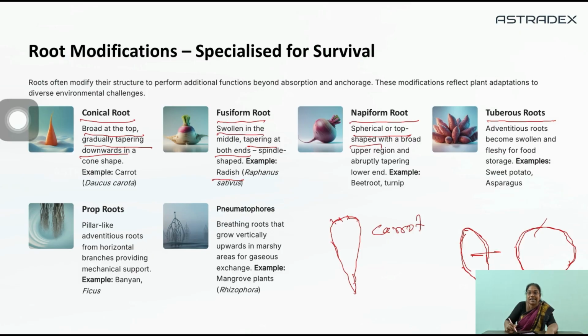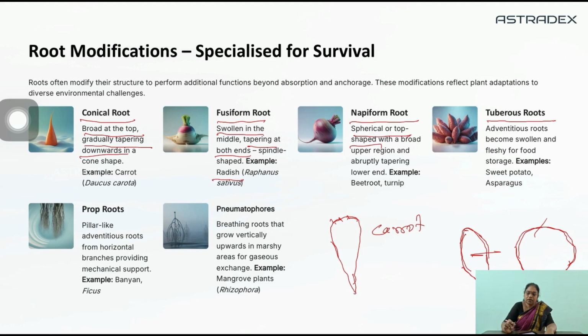Breathing roots or respiratory roots growing upwards. Main point, growing upwards. This is pneumatophores. These pneumatophores are used for gaseous exchange, that means respiration. Okay students, this is modification of taproot and adventitious roots.